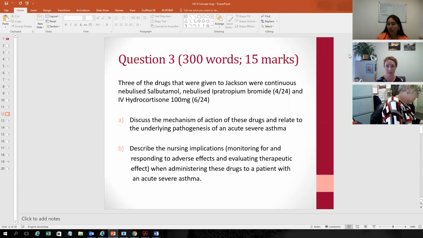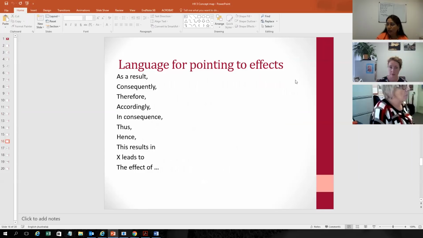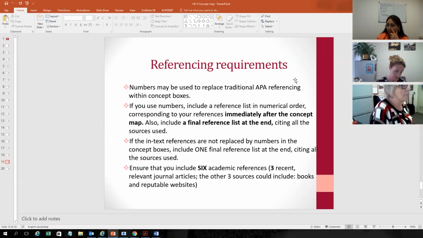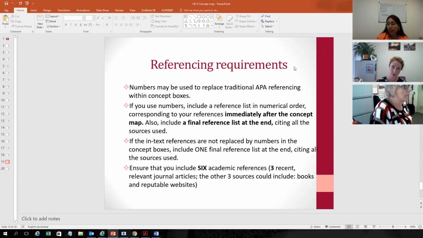Lauren also suggested a few resources that you might use. So I'm just going to the very final slide. There's lots of language. Like I told you, please use the language on the slides. And in terms of referencing, as we talked about earlier, numbers may be used to replace traditional APA referencing within the concept boxes. That's in the concept map.